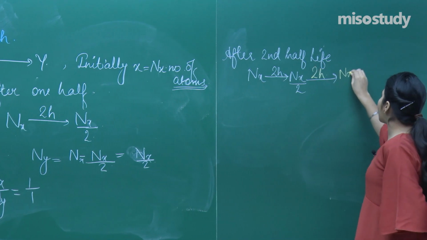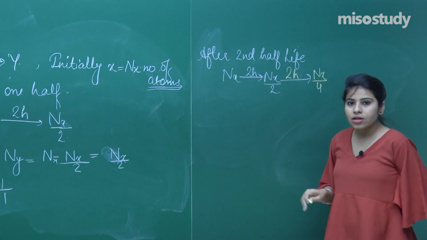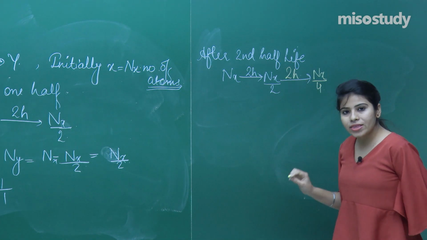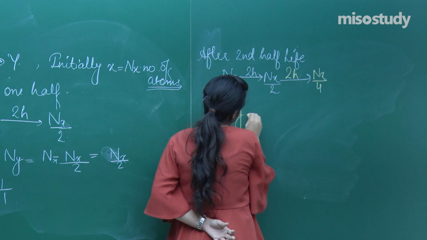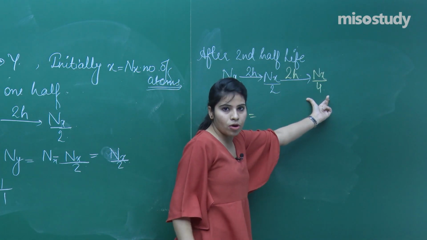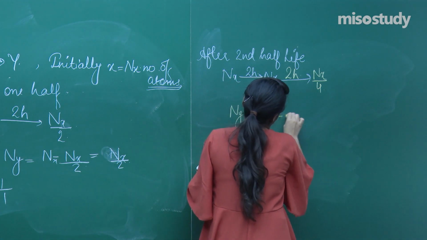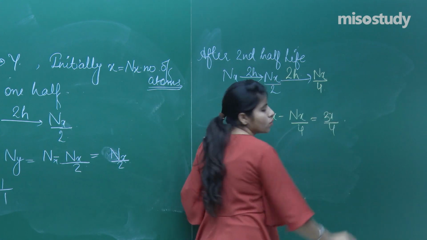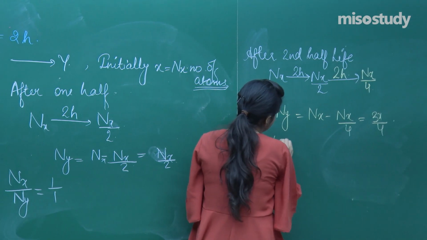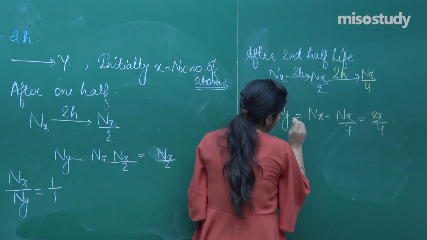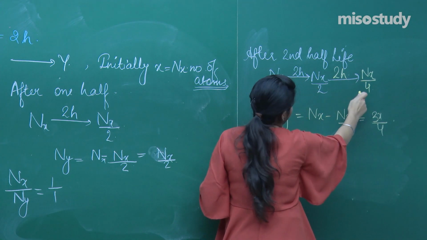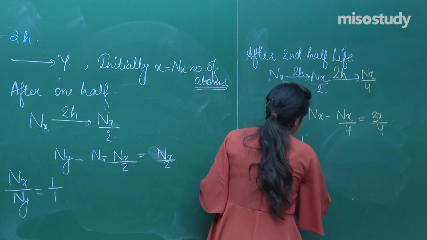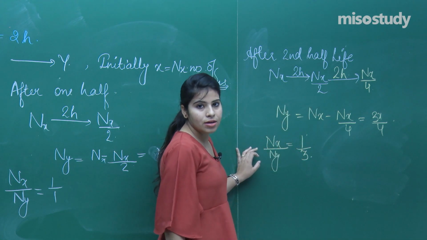So it will be nx by 4, right? So your nx has come out to be 1 by 4 of the initial atoms. Now in this case, your ny will be nx minus nx upon 4, that means 3nx upon 4. So now if I find the ratio nx upon ny, nx by 4 divided by 3nx by 4, it comes out to be 1 by 3, right?